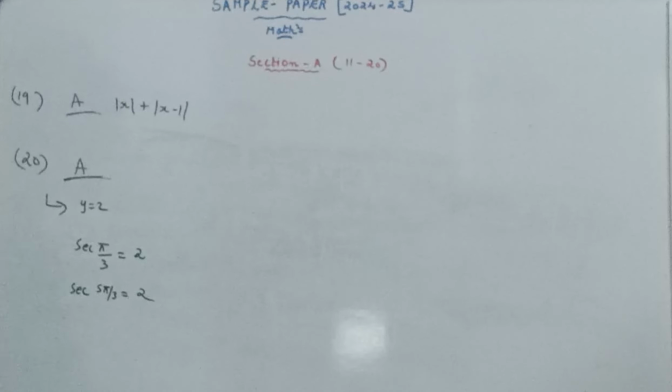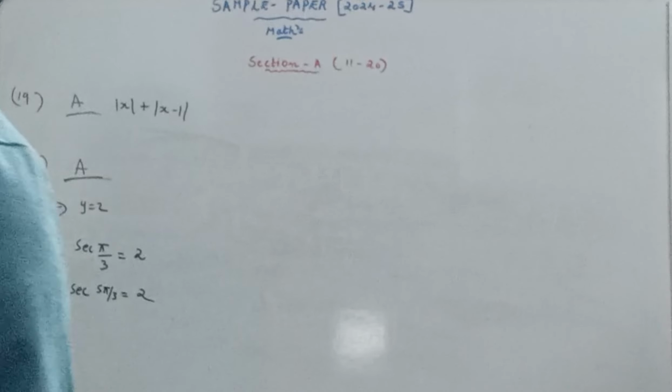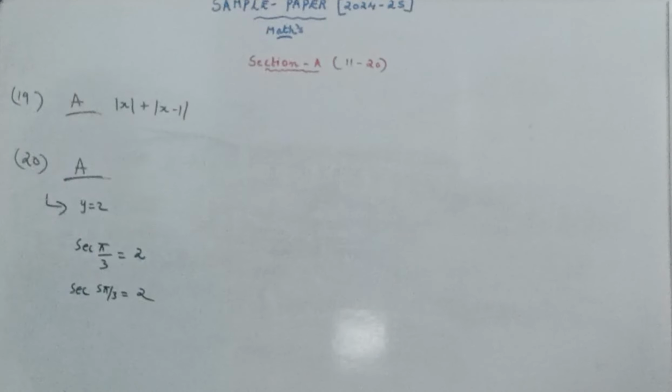If the left hand derivative is equal to the right hand derivative, we can say that it is differentiable. So that is what they have said over there: limit h tends to 0 minus is not equal to limit h tends to 0 plus. So definitely both assertion and reason are true. So for the 19th one, option A is the correct answer.